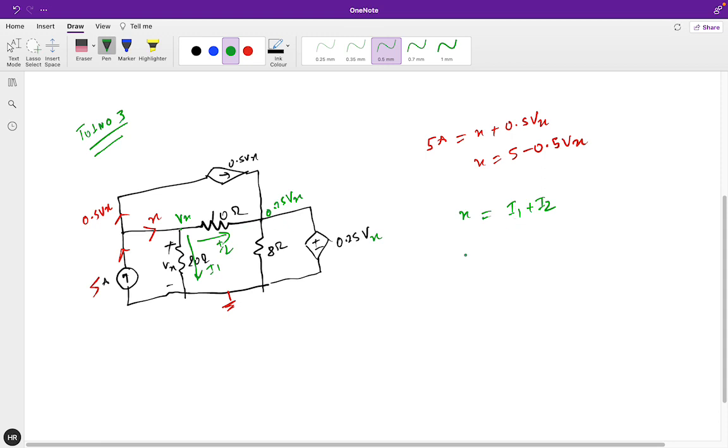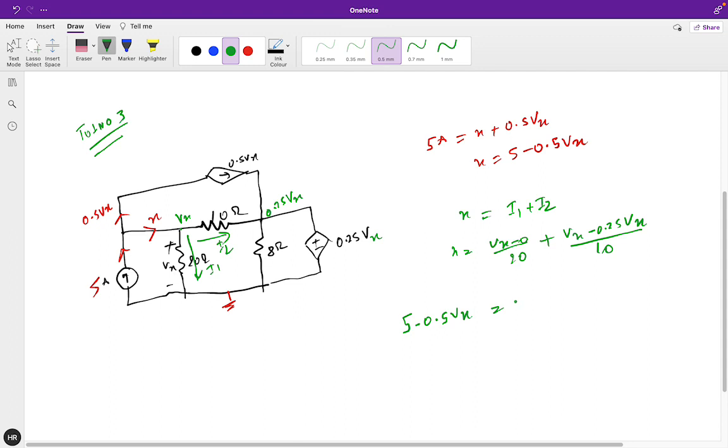What is the value of I1? Vx minus 0 by 20. And what is the value of I2? Vx minus 0.25 v of x divided by 10. And what is the value of x? 5 minus 0.5 v of x. Solve this and get the answer.